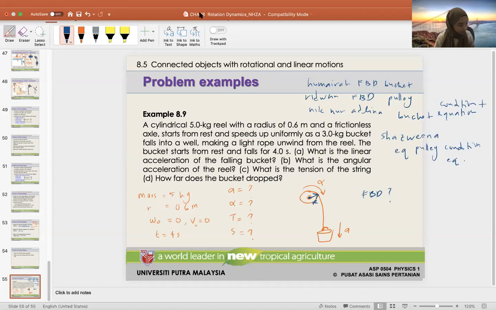Thank you, Shazwina. Got it. Kejap. So bucket, Nick Nur Adlina ni acceleration dia going down.